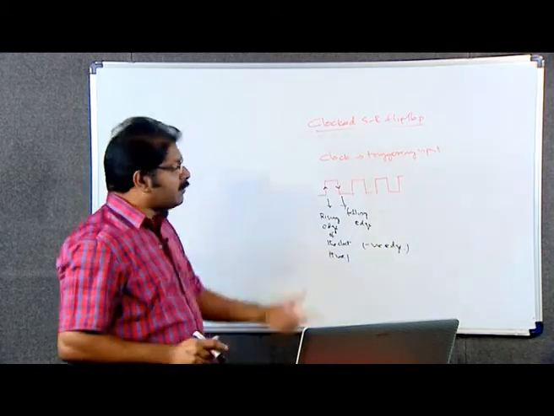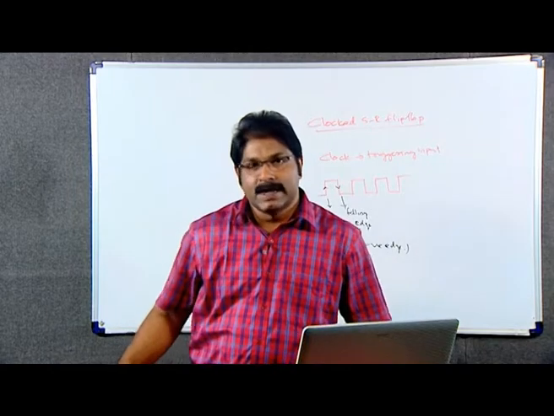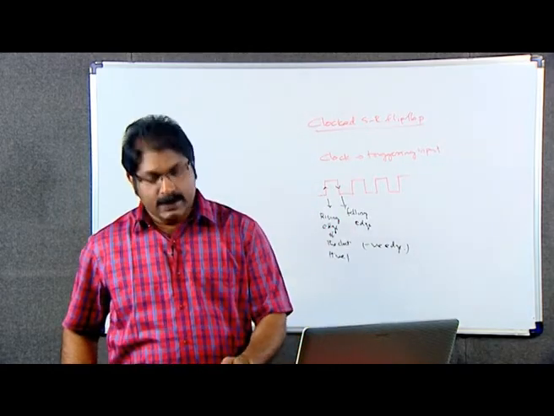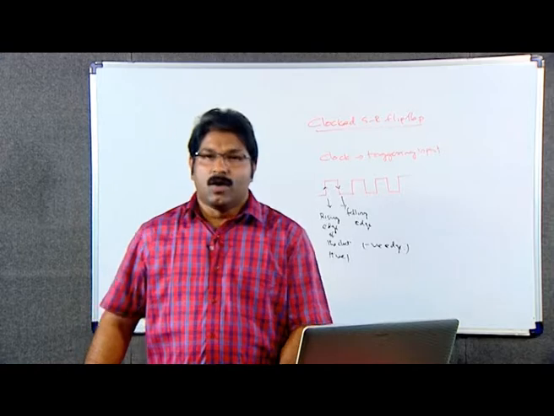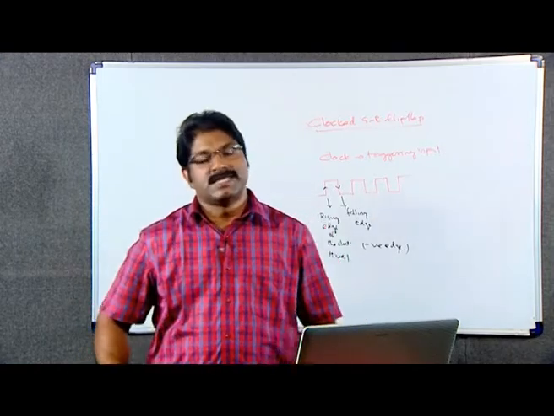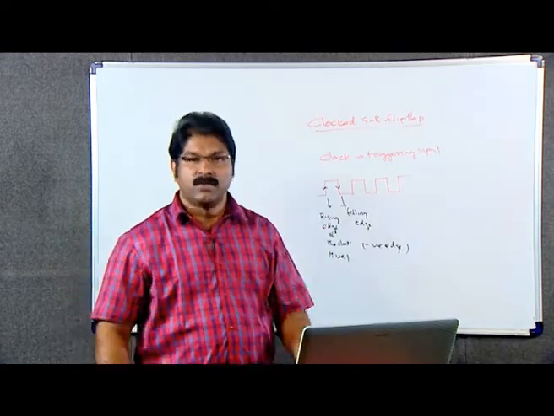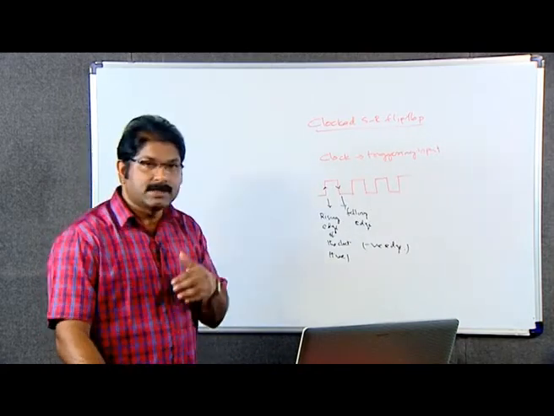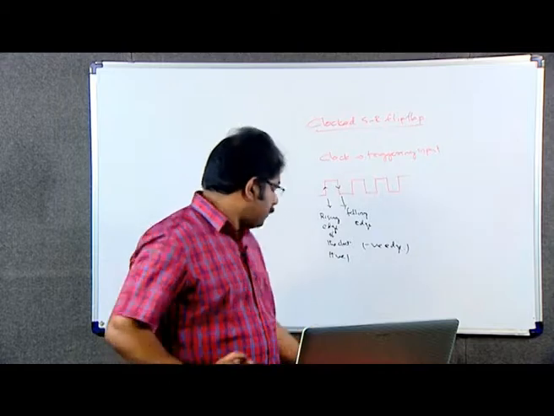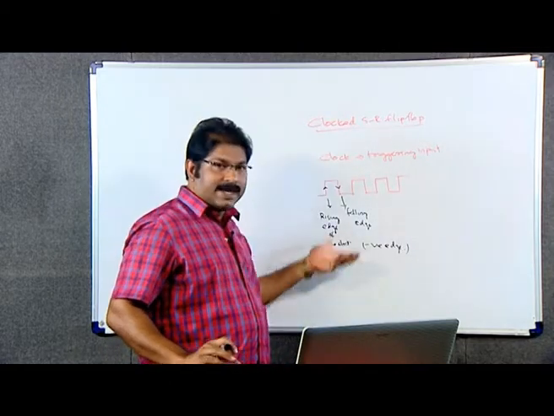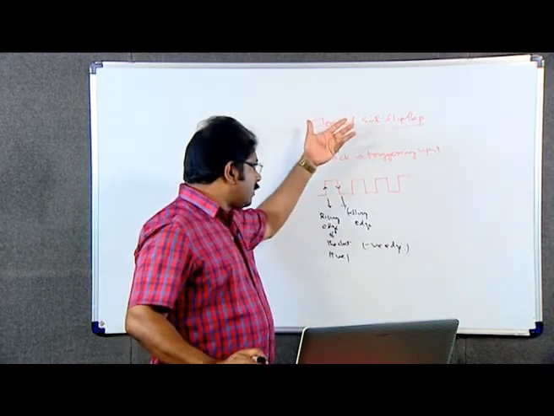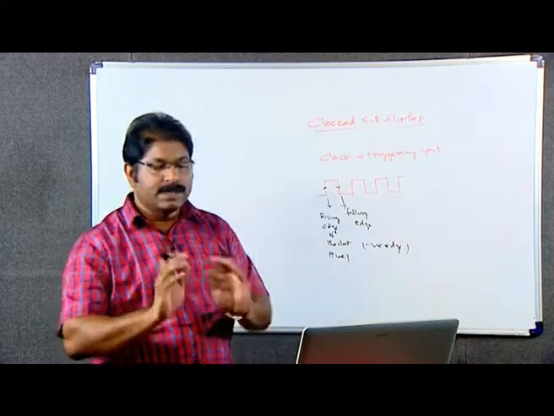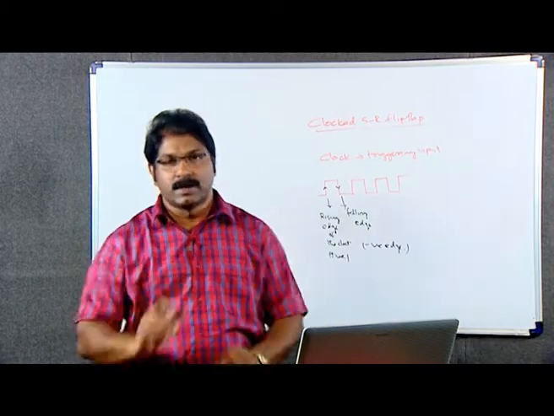Now, if this third input is given to the SR flip flop, the output will depend on the clock rising position also. We can make clocked SR flip flops in 2 ways. Either it can work on the positive edge or the rising edge, or it may work on the negative edge. There is a slight change in the circuitry.